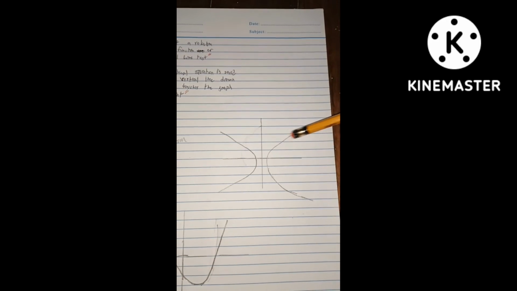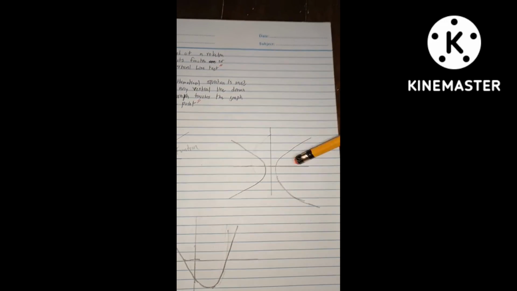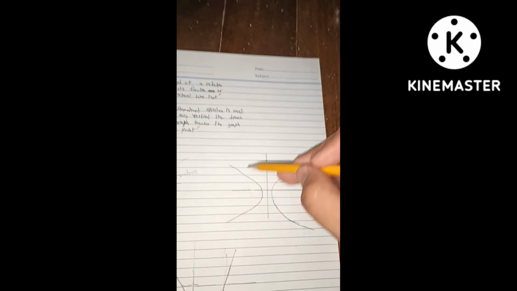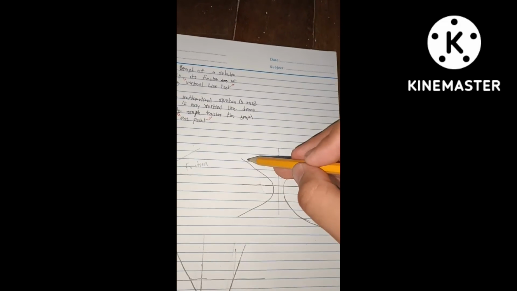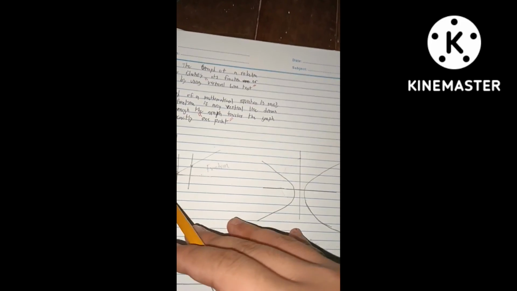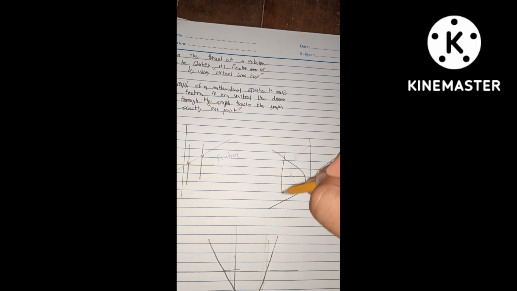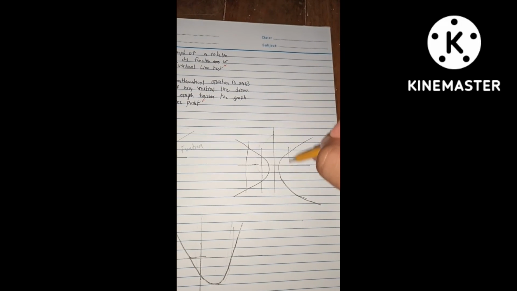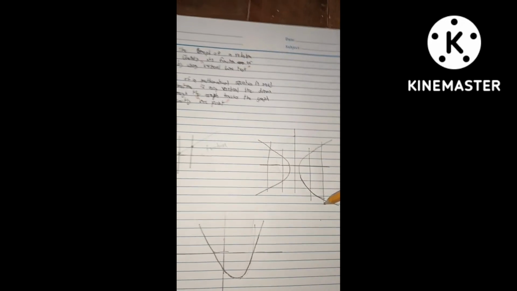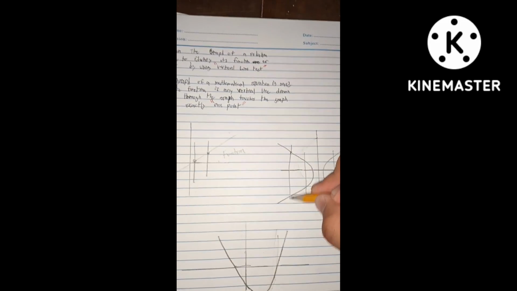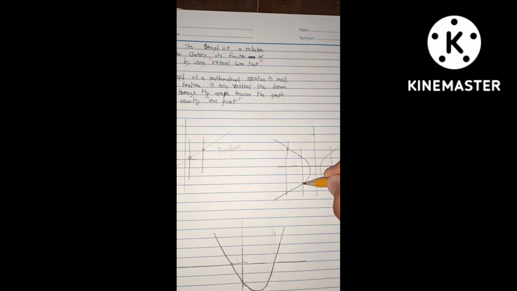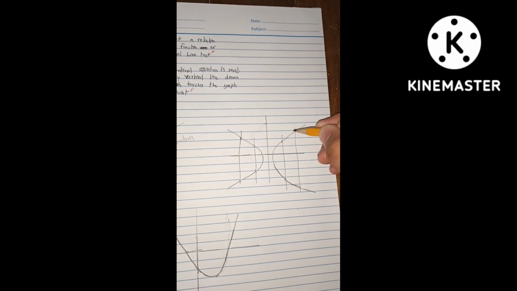Now right here we have another graph, and for now we're going to draw a vertical line. Right here we have a point over here, another point here, another point there, many points.